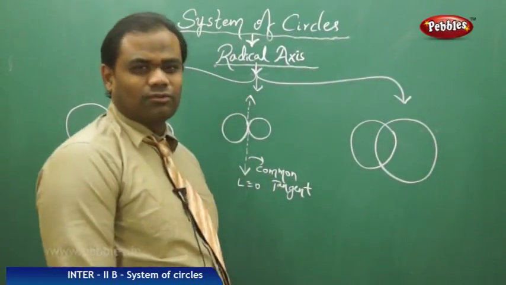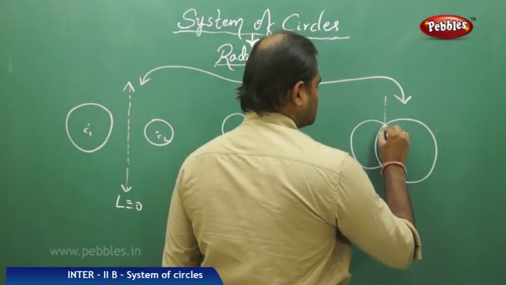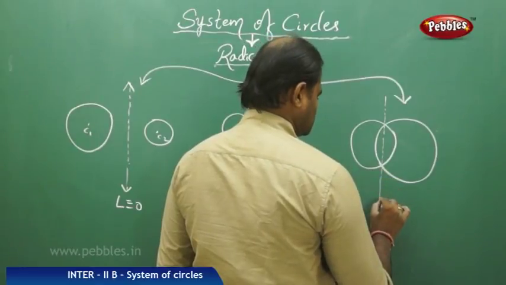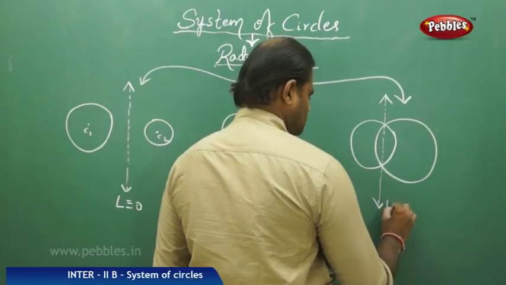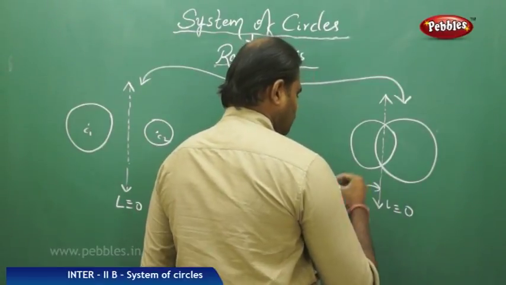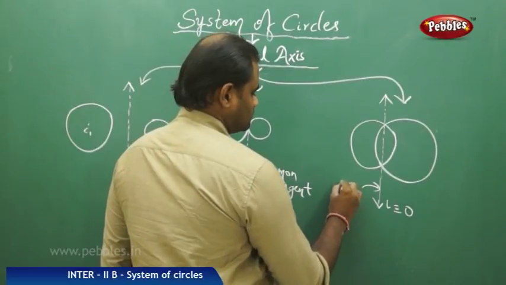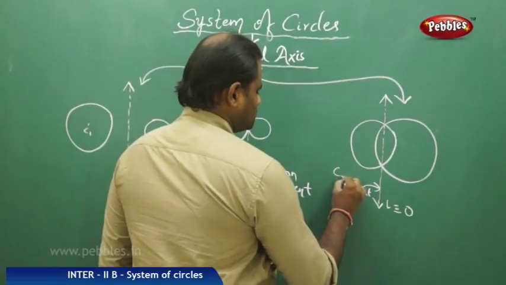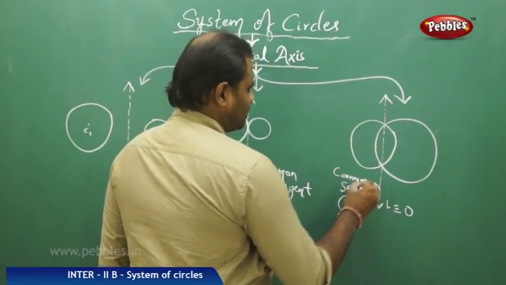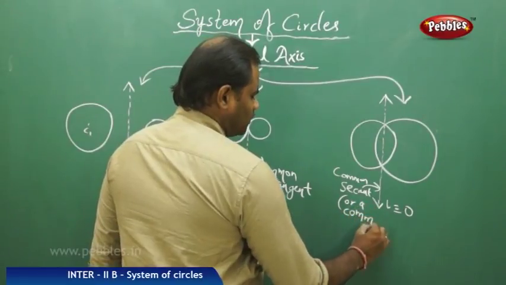And the radical axis of two intersecting circles is along the common chord, that is a common secant, or a common chord.